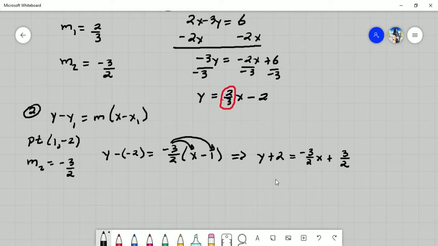Now get the y by itself, subtracting 2 on both sides, to get y equal to -3/2 x. So I have a positive 3/2 minus 2. Note this is going to be a negative. 3/2 is 1.5, so 1.5 minus 2 is -0.5, or -1/2.